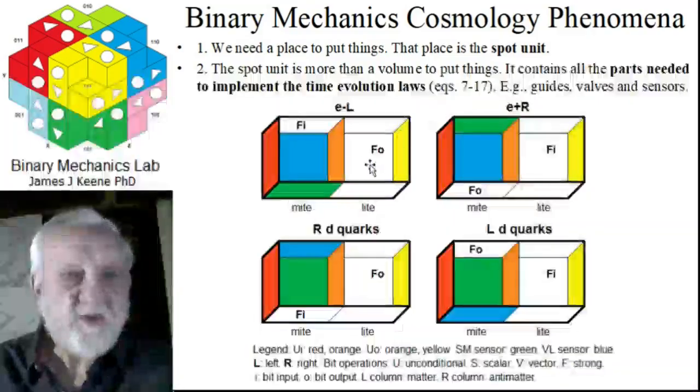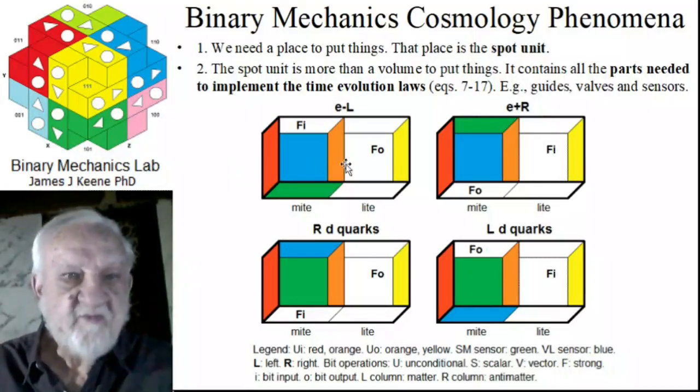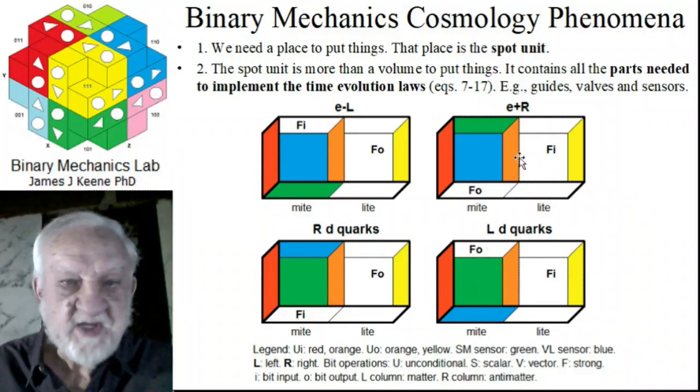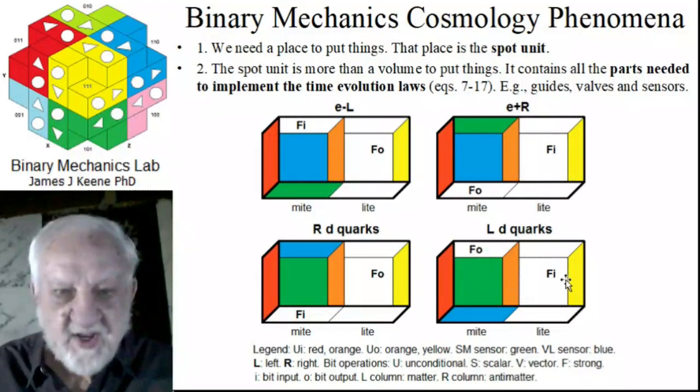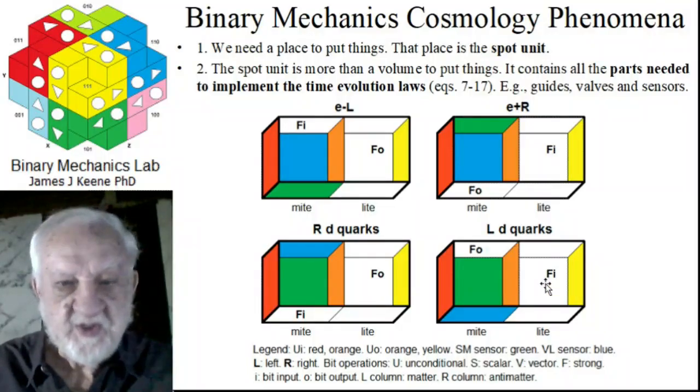The 8 elementary particles in the spot cube consist of 4 types or variations of these parts in spot units. 2 of them relate to matter, and these 2, the positron and the left-handed d quarks, are composed of this kind of pattern of parts in the spot unit.